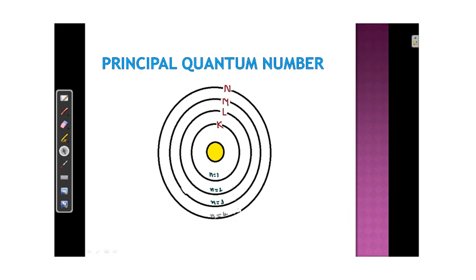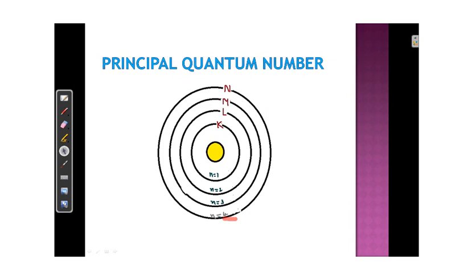Therefore, the electrons in those particular shells are farther from the nucleus. So, in this figure, when we compare n is equal to 1 and n is equal to 4, which shell is far from the nucleus? Obviously that is n is equal to 4. So as the n value is increasing, the shells also become larger.